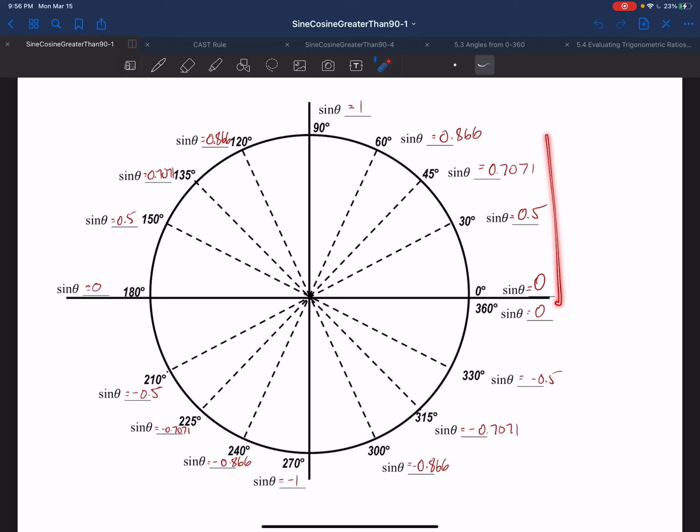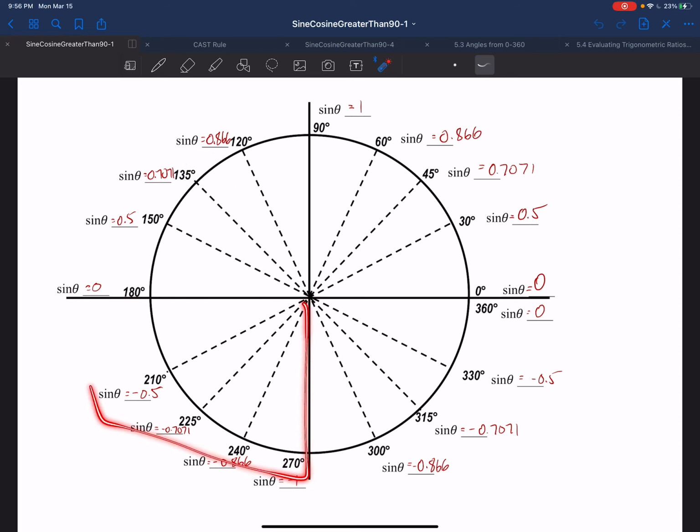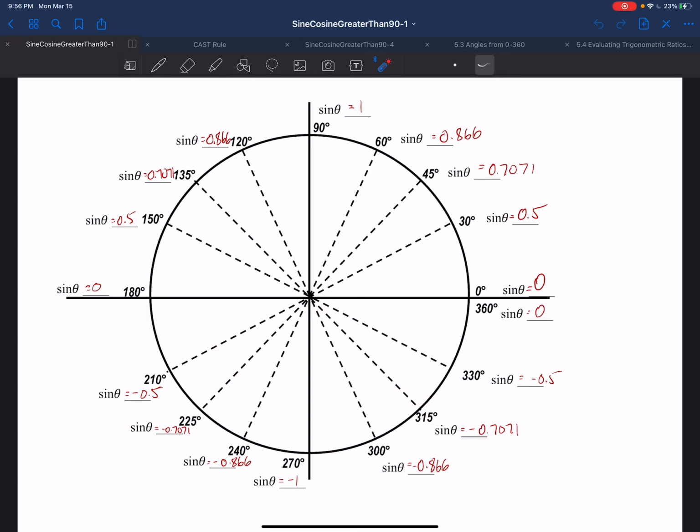From 0 to 90 is called quadrant 1, 90 to 180 is quadrant 2, then 3 and 4. So we start calling them quadrants: 1, 2, 3, 4.